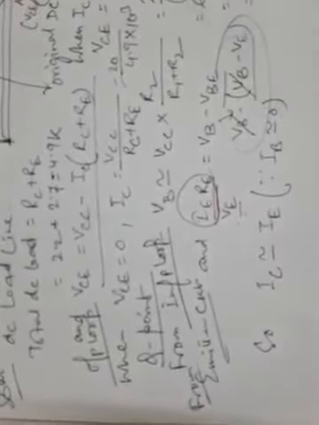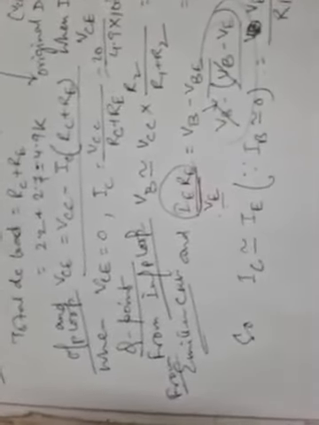So therefore we can say IC is approximately equal to IE, because IB is almost equal to 0, very negligible current. So we can ignore it, hence IC is approximately IE. So that is equal to how much? We can find IE from here.